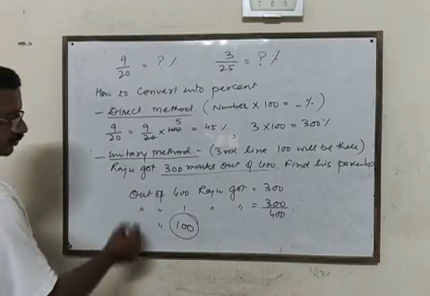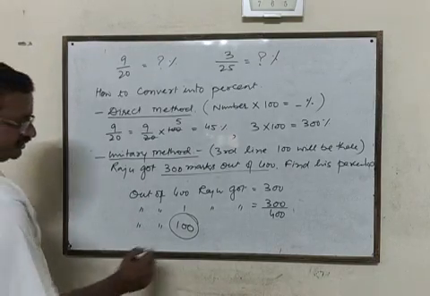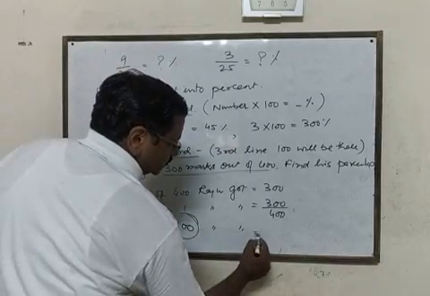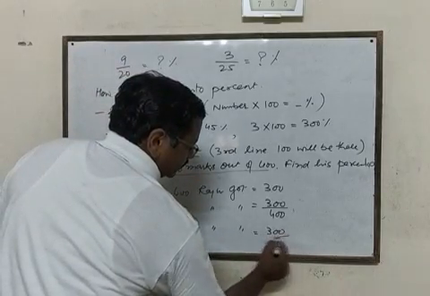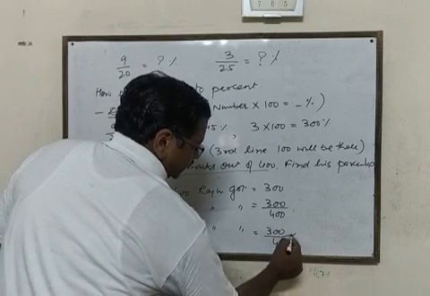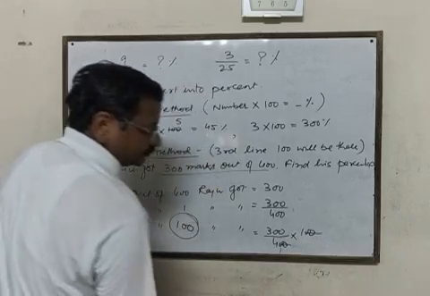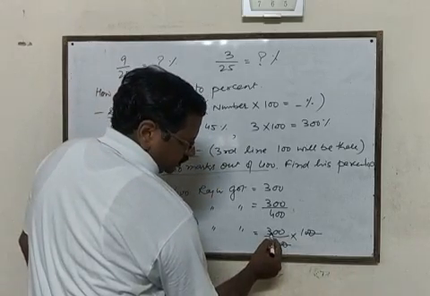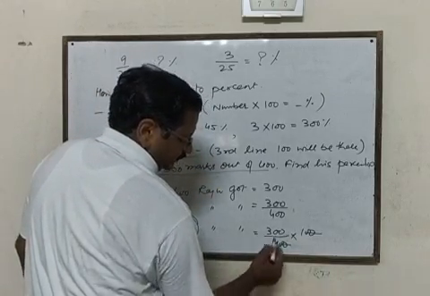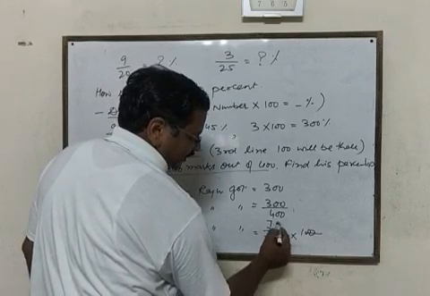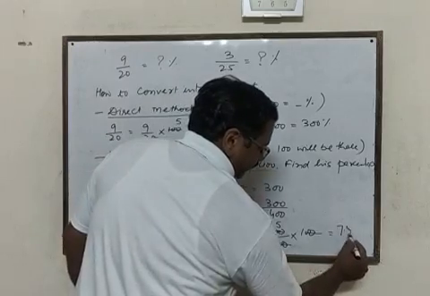So when we use the unitary method to find percentage, out of 100, Raju got 300 upon 400 into 100. 20 cancel by 20. 4 ones are 4, 4 sevens are 28, 4 fives are 20, 75%.